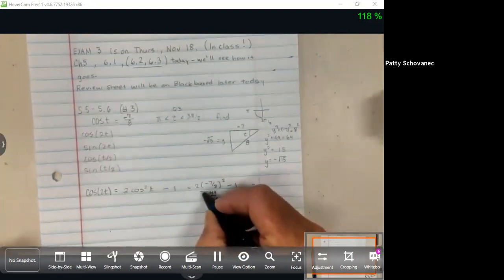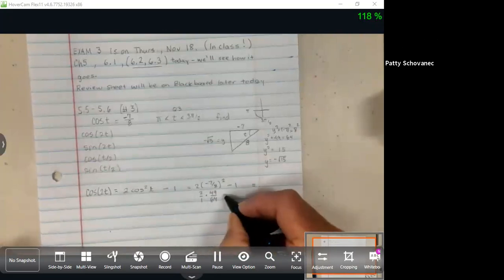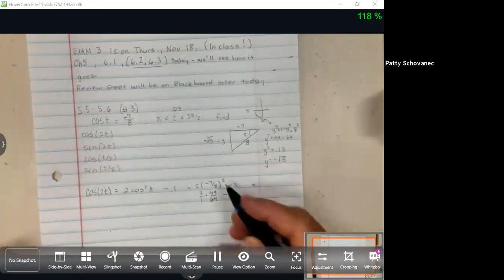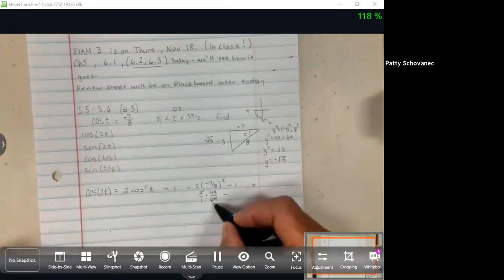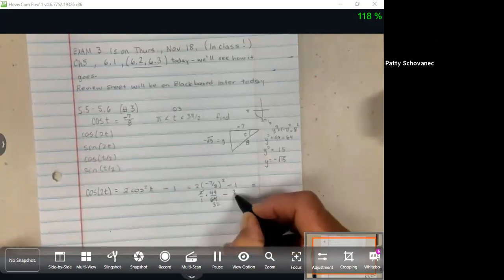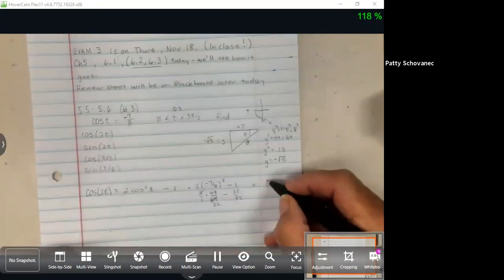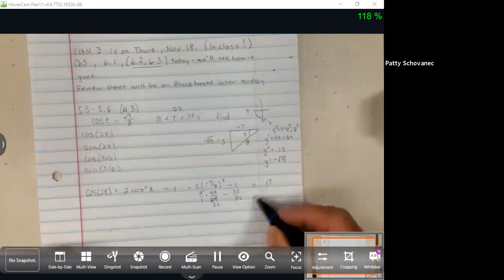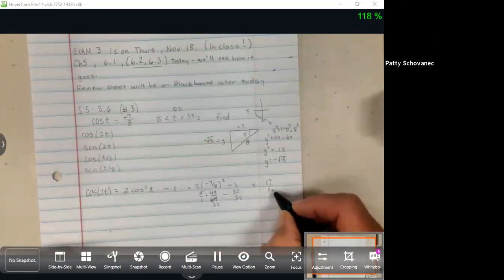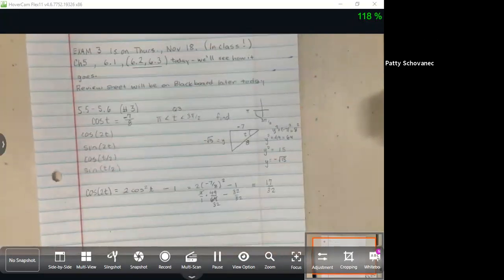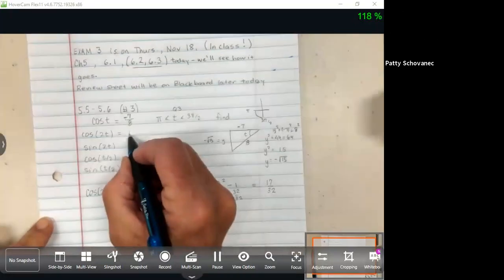This is a 2/1. I can divide the 2 into 64 and get 32. And then I can treat the 1 as 32/32. 49 minus 32 is 17. And then over 32. So that's what I'm getting as the cosine of 2t, 17/32.